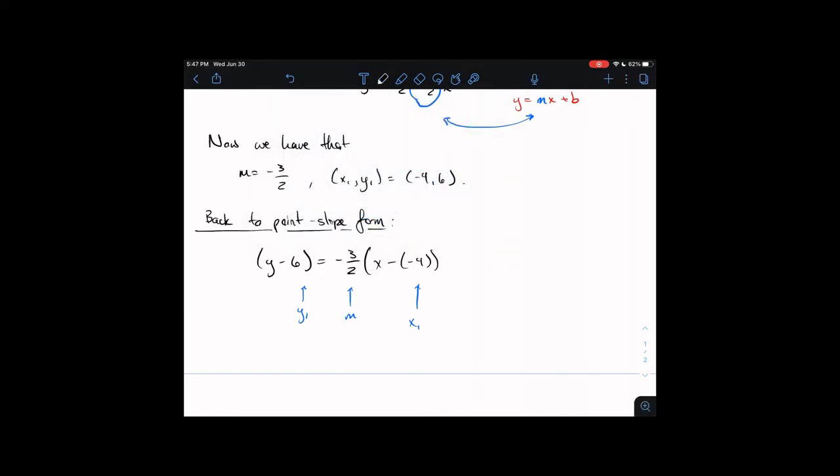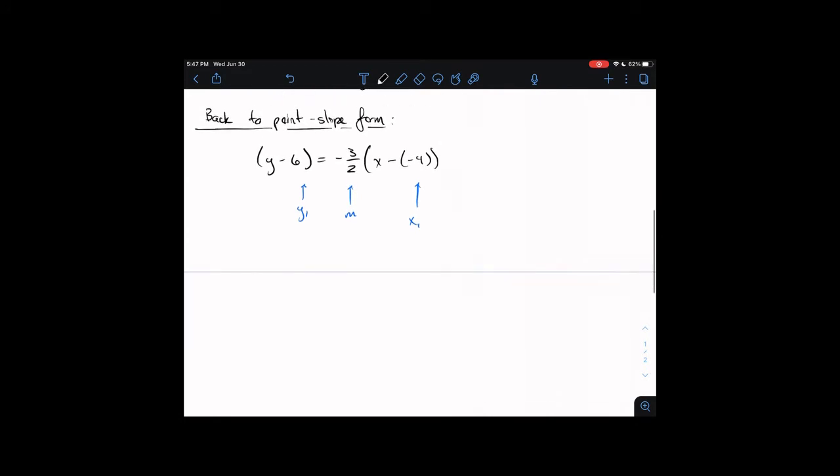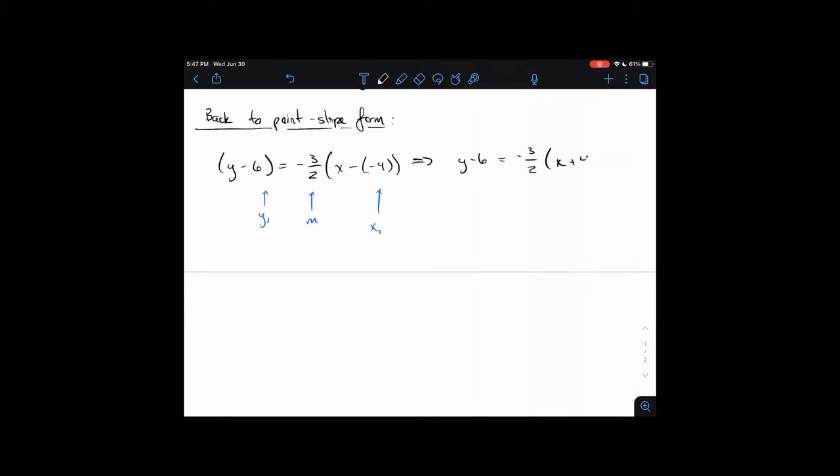All right, so let's simplify this up a little bit. Let's move this over. If I distribute, first of all, this minus a negative on the inside becomes a positive. So let's write that quick and get rid of this parenthesis. This is x plus 4.